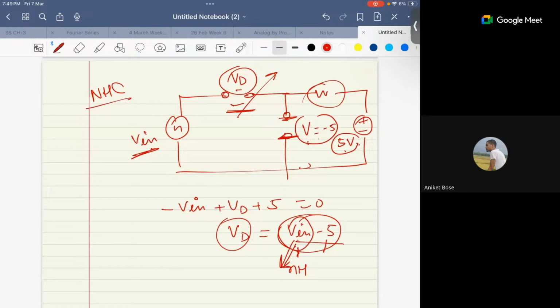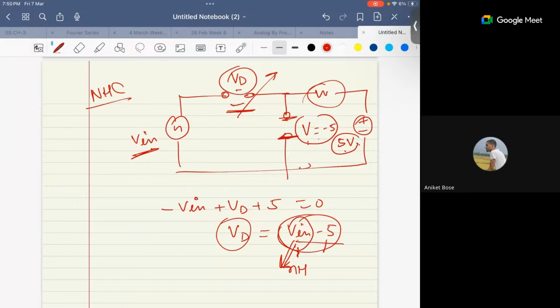This will not be working in a reverse bias with breakdown. That means there won't be any current at any time in this resistance, so there won't be any power dissipation across this 100 ohm.